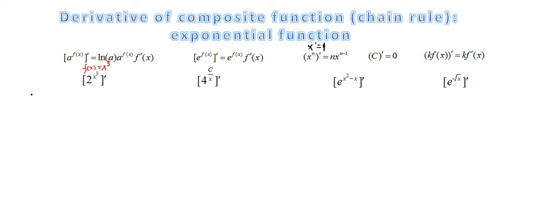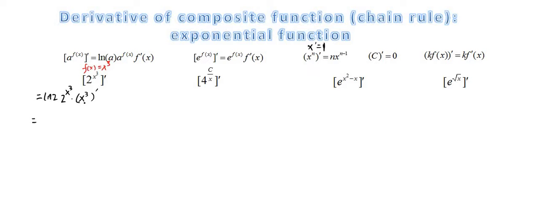We're gonna have ln a, ln 2, times a to the power f(x), that is 2 to the power x cubed, times the derivative of f(x), that is the derivative of x cubed.